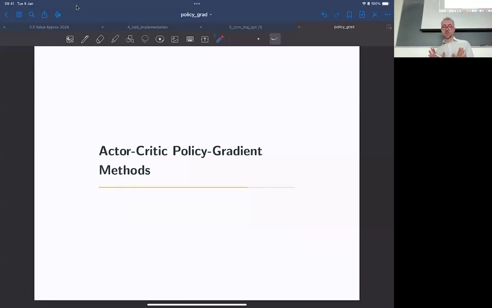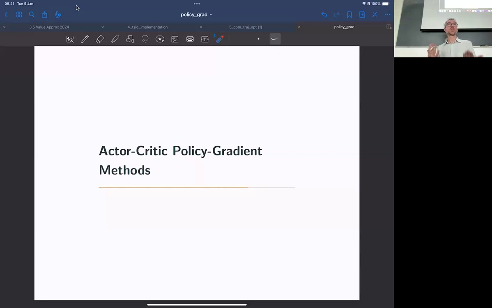So this was still an unbiased policy gradient method. But if you want to improve things even more, you need to accept a bit of bias, like we did for value-based methods. At a certain point, we switched to temporal difference, and we accepted that with temporal difference, we have some bias.